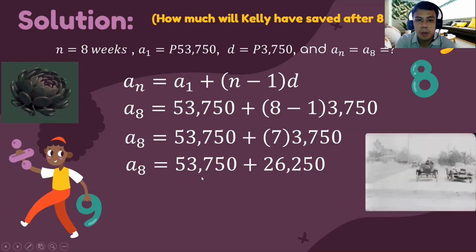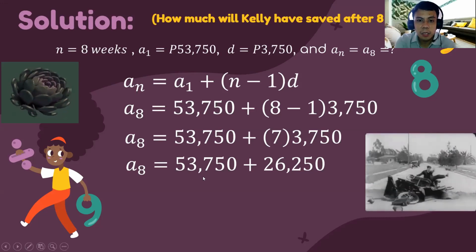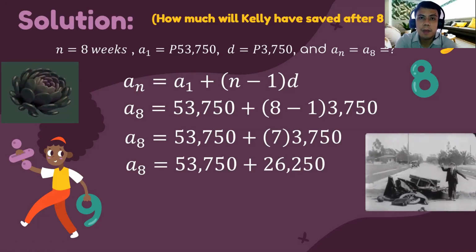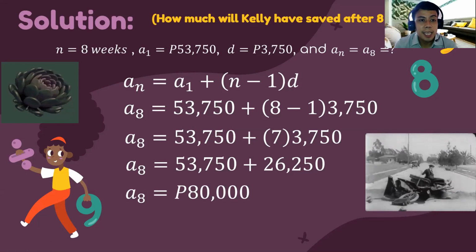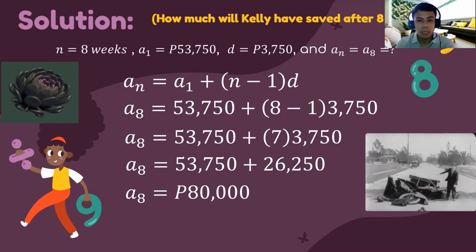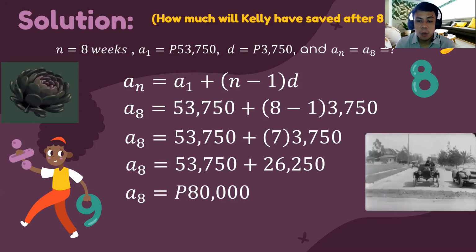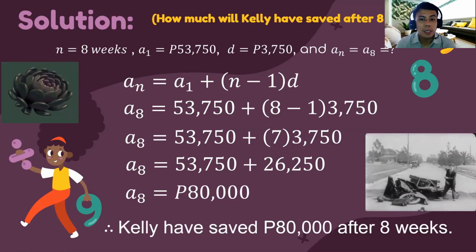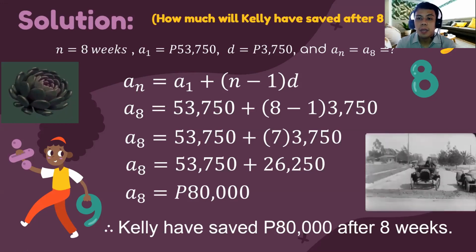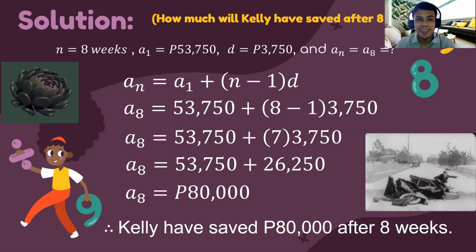You just copy this one. After that, add the two: 53,750 plus 26,250, that is 80,000 pesos. So you can say that Kelly will have saved 80,000 pesos after 8 weeks.